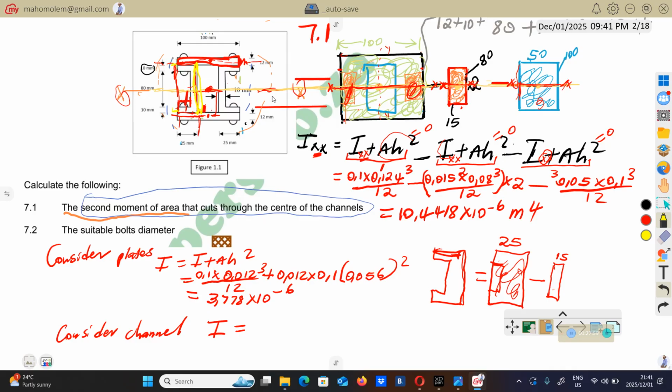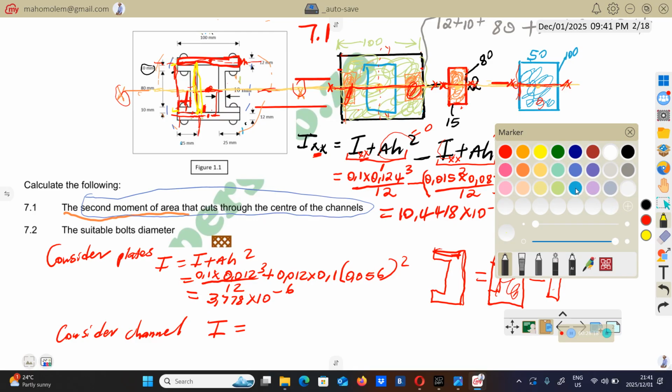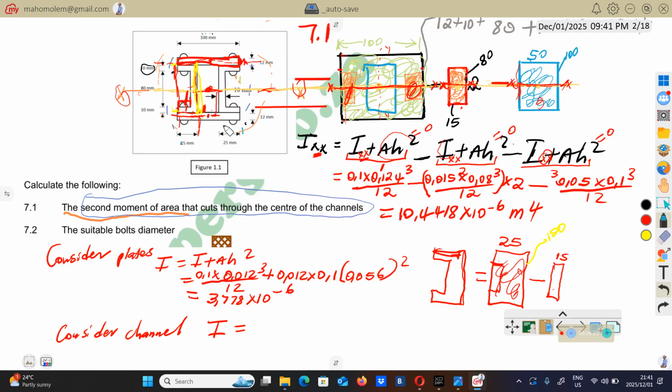Remember, it's going to be 80 plus 10 plus 10, which is 100. Then the height of this box, from here to there, is 80.